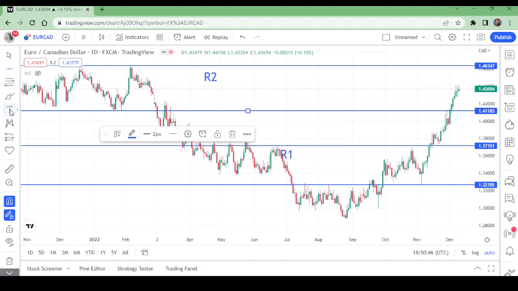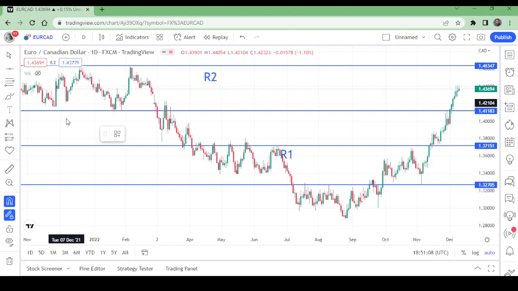This is the level which I don't call purely a resistance, but I do call support turned resistance, and this was the SR1 on a daily time frame. Most of the time, in my experience, the levels work on daily time frames.